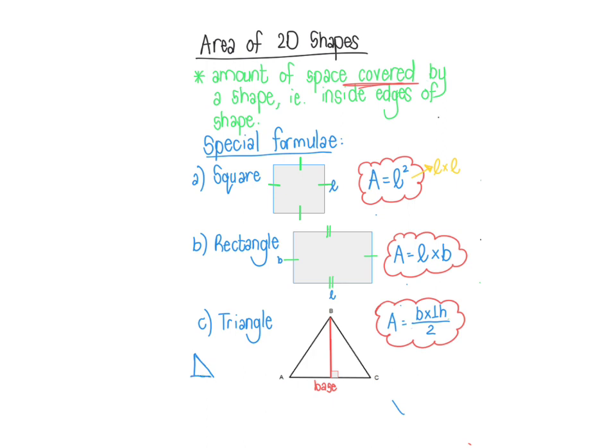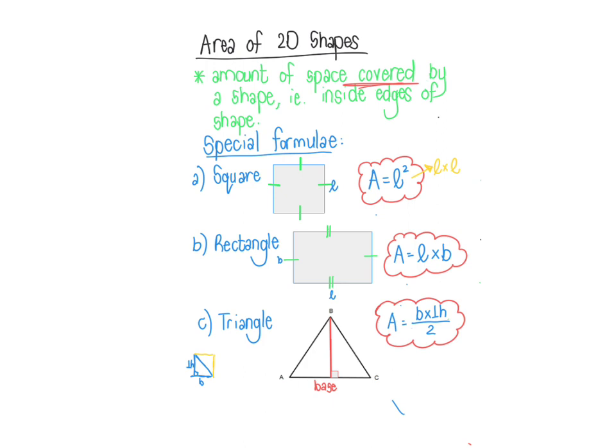In a right angle triangle, we've got our perpendicular height over here, and this is our base. If we look at it closely, it's basically half of a square or a rectangle. Rectangle, because otherwise our base and perpendicular height would be the same measurement, which could happen. So it's half of the base times the perpendicular height.